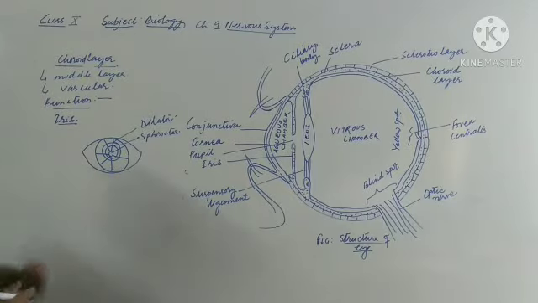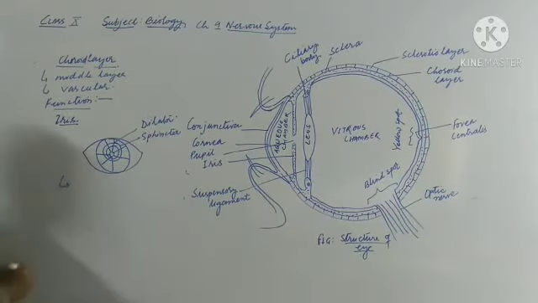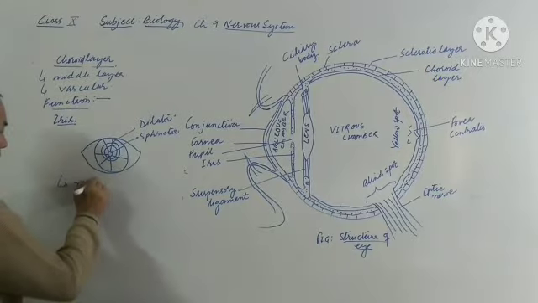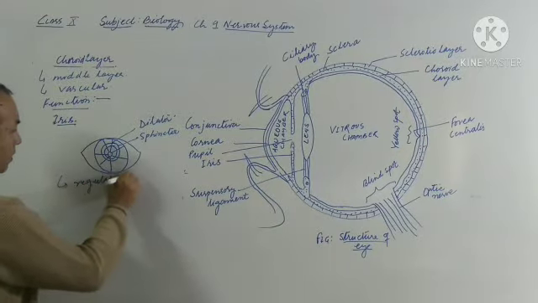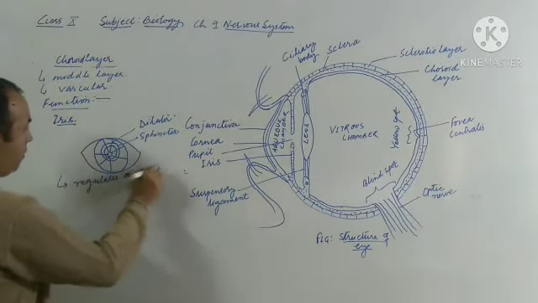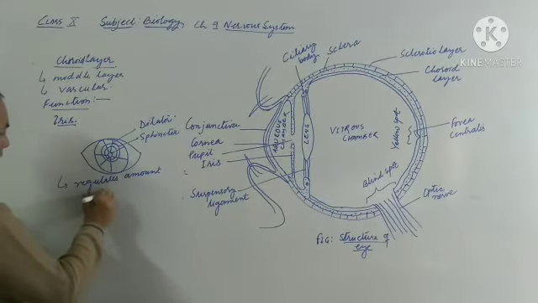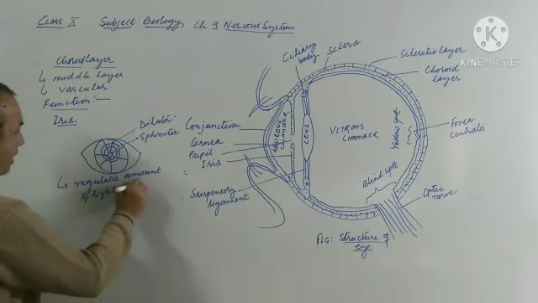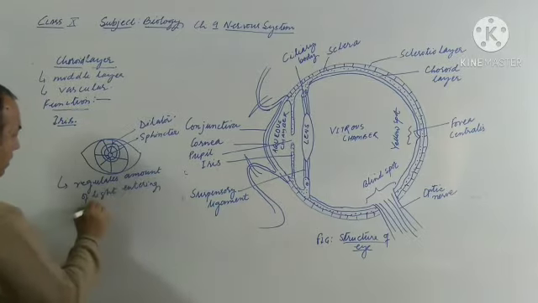So the main function of the iris, as we just came to understand, is that it regulates the amount of light entering into the eye.